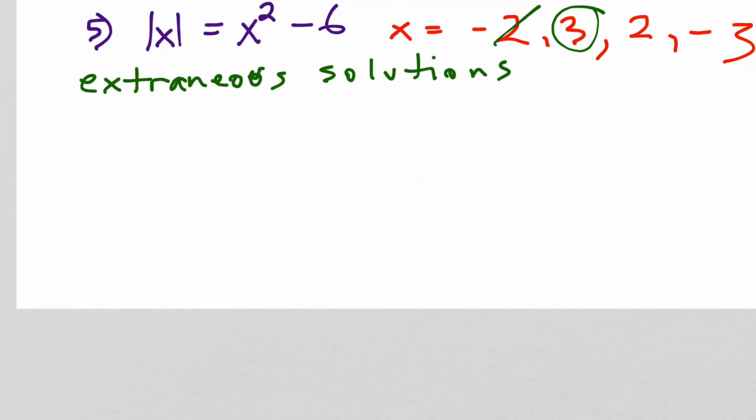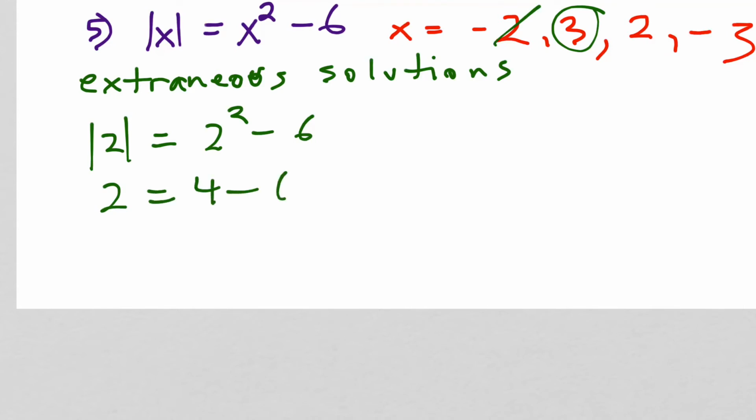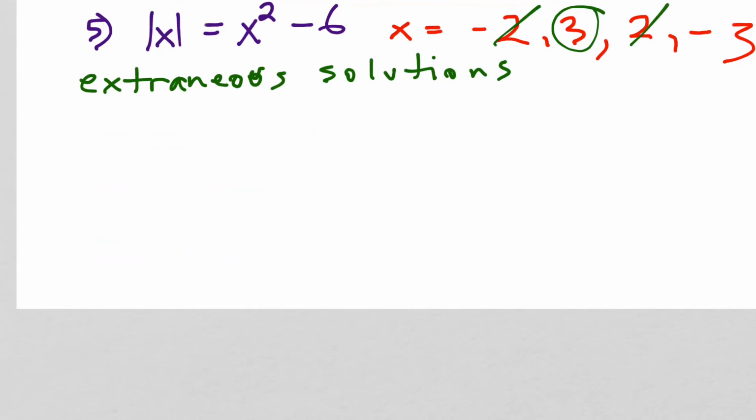All right, and then let's try out positive 2. So that's absolute value of positive 2 is equal to 2 squared minus 6. 2 is equal to 4 minus 6. 2 is equal to negative 2. So this one doesn't work either. All right, so one more to check out. Negative 3, absolute value of negative 3 is equal to negative 3 squared minus 6.